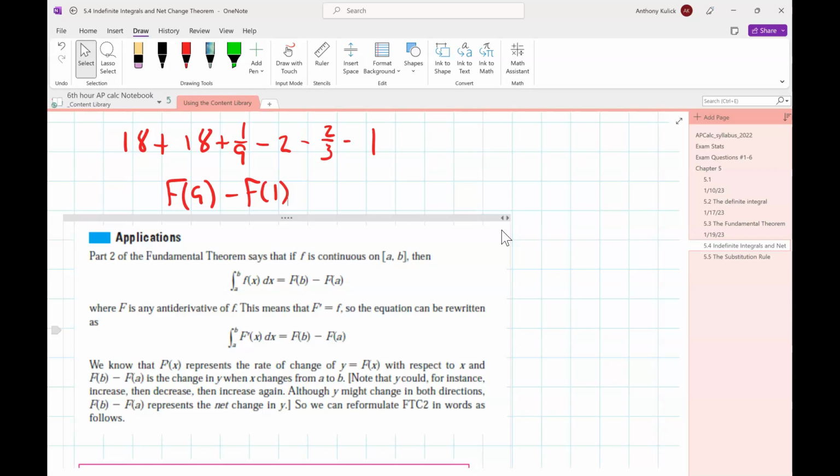So Tegan had said if I have a velocity function and I integrate over some time period, it'll give me the distance traveled-ish. What it's actually going to be giving you there is the displacement. So you're not going to get the distance traveled out of that.